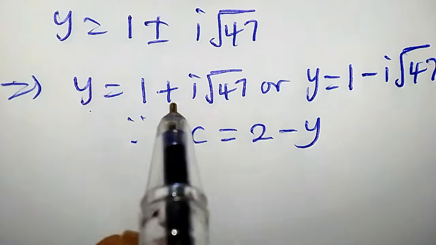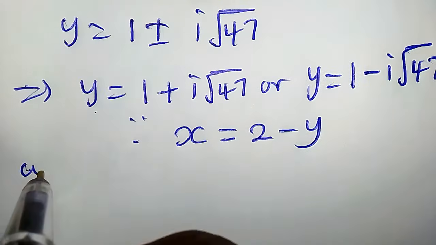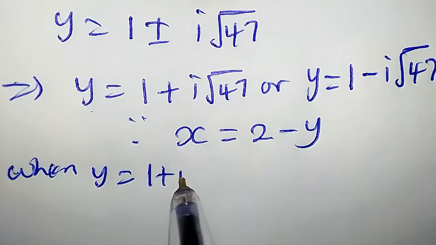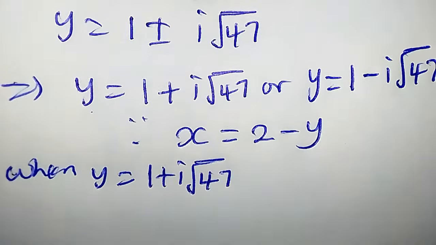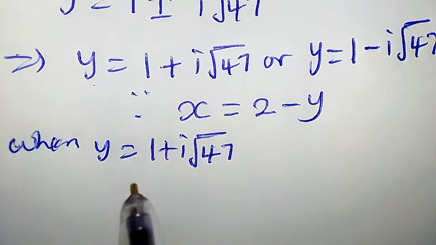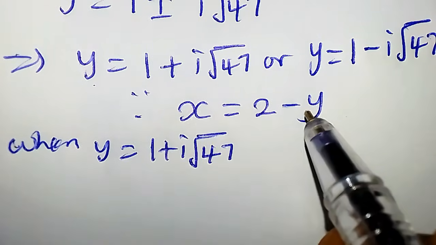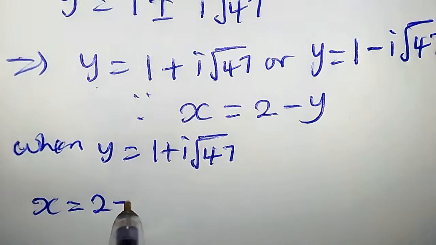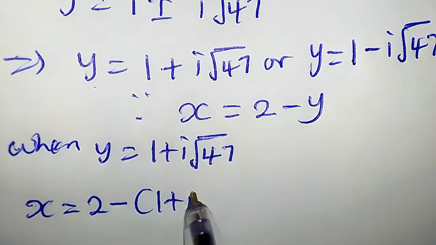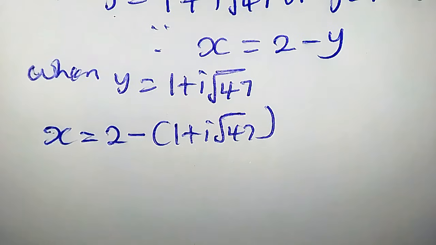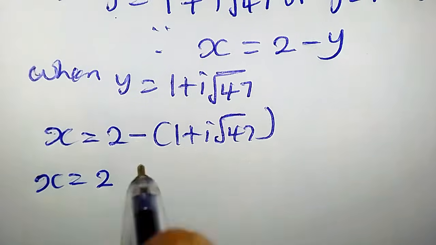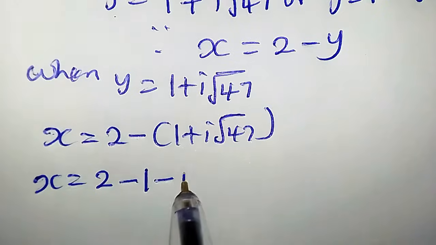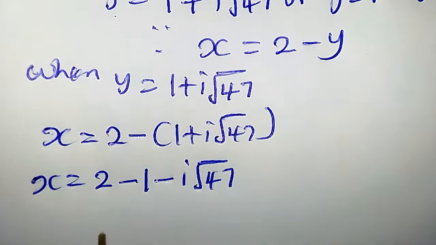Now let's consider each value of y. When y is equal to this first one, 1 plus i times root 47, what is x? We just have to plug this value of y into this equation to get x. So that will be x equal to 2 minus this 1 plus i times root 47. x equal to 2 minus times 1, that is minus 1, minus times plus, that is minus i times square root of 47.